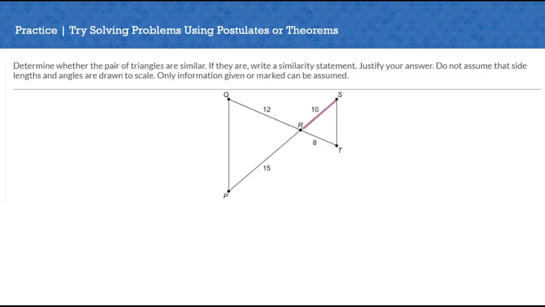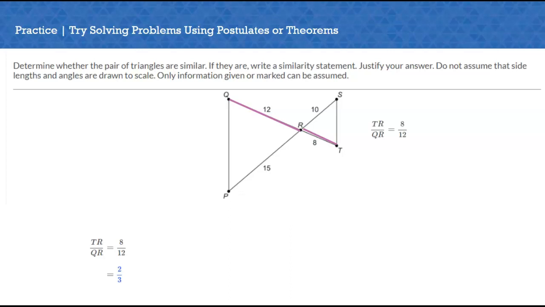So we can look at SR being proportional to RP. 10 over 15 can simplify to 2/3. Then we can look at TR being proportional to RQ. 8 over 12 simplifies to 2 over 3.